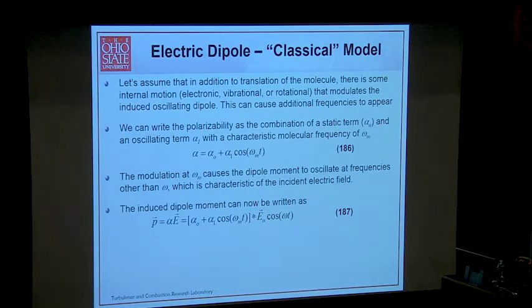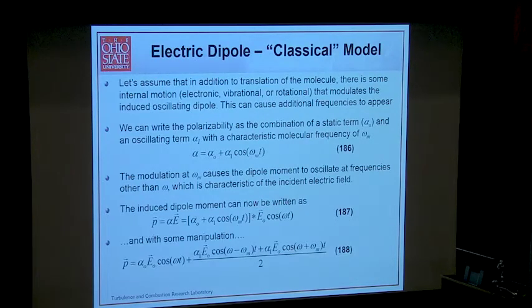So we have our original term that's oscillating at the frequency of the laser, and then we've modulated that frequency such that we have a new frequency coming out on top in addition to the original frequency. If you manipulate that, you end up with this expression for the dipole moment: we have this static term. Again, this is what we would expect. This is oscillating at the laser frequency.